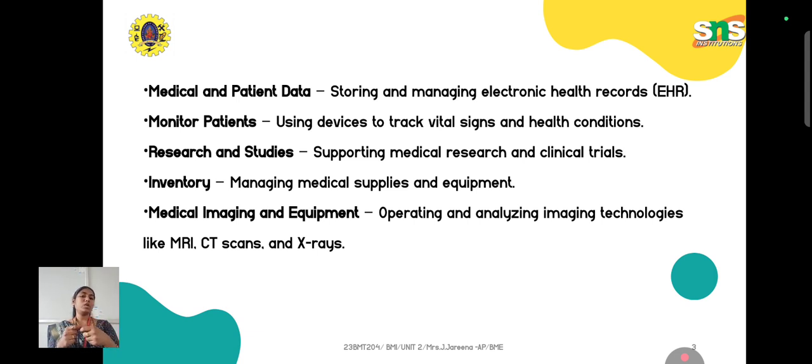We can easily find out which device is in which area, and shortlist the devices based on the areas, the device, the manufacturer or model, inventory date, or preventive maintenance date, and so on. So in this way the computer plays a very big role here.